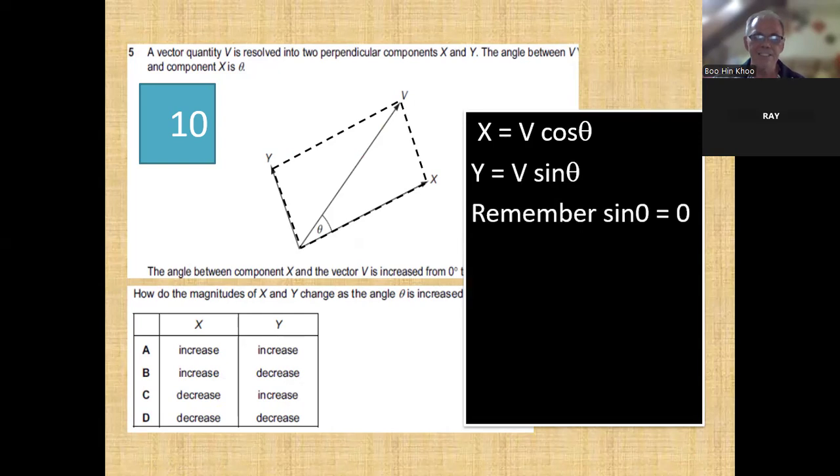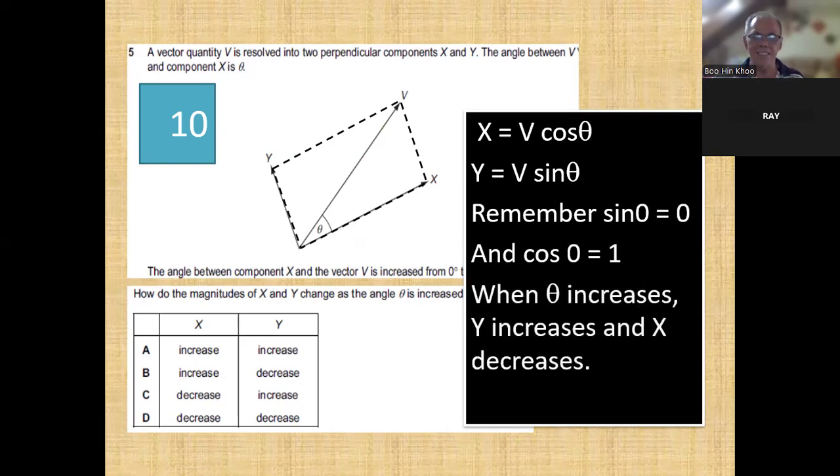Remember, sine 0 is 0, cos 0 is 1, sine 90 is 1, cos 90 is 0. So when theta increases, y increases and x decreases. Okay or not?